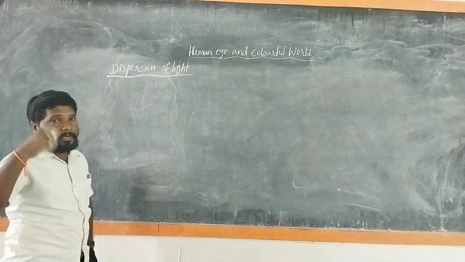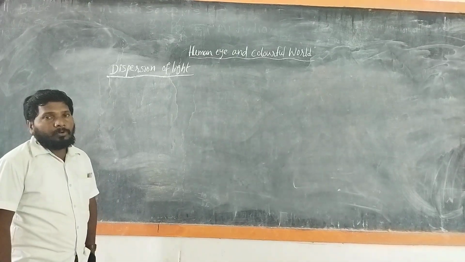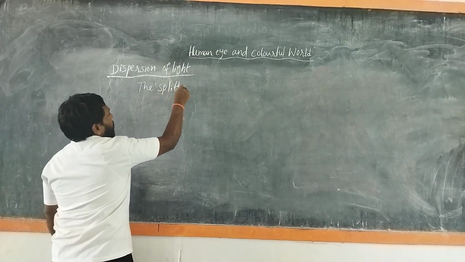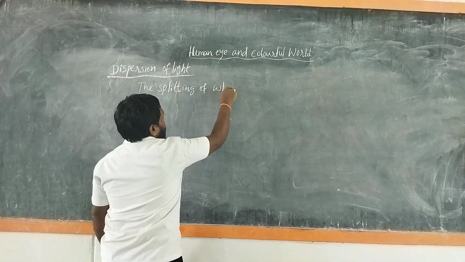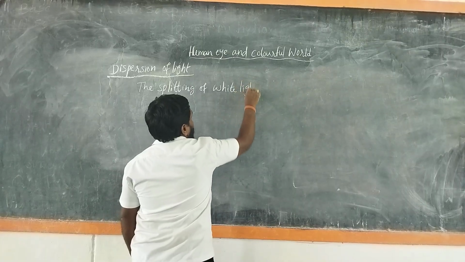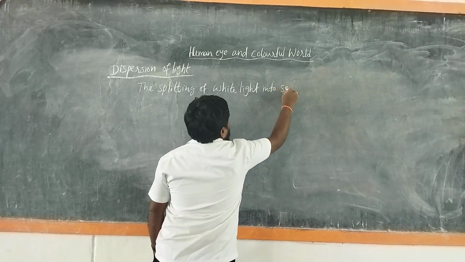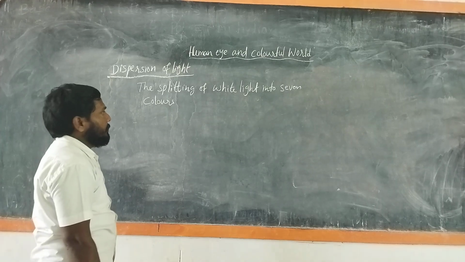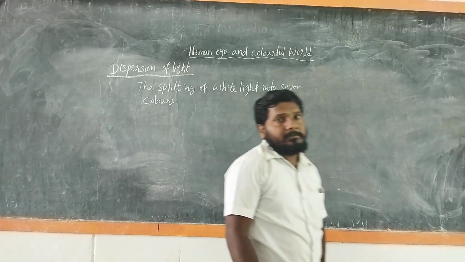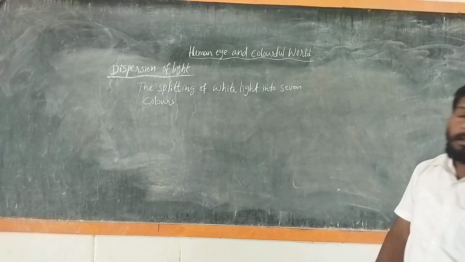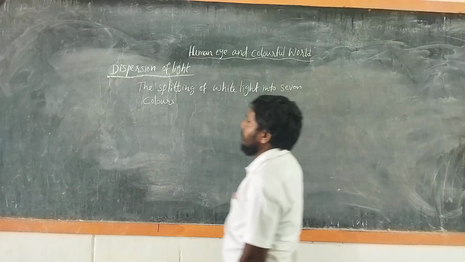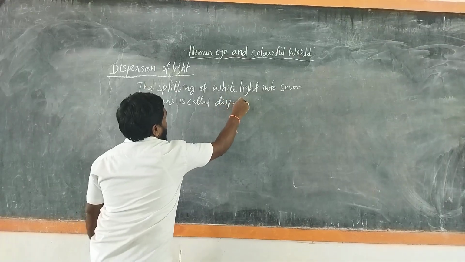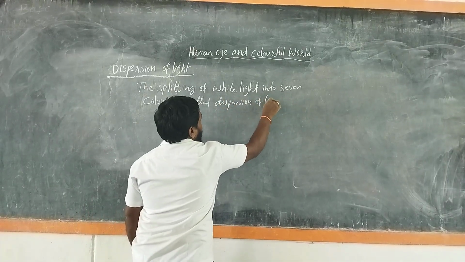As you studied earlier in class 7 and class 8, the splitting of white light into various 7 colors is called dispersion of light.